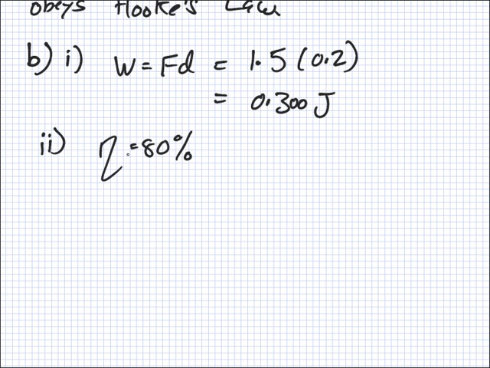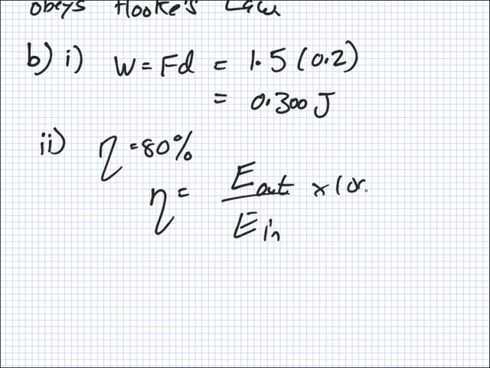My only problem with that sentence is the word initial. There is no initial kinetic energy. I think they meant a different word, like equilibrium, I suspect. Anyways, no matter. So we want to get 80% of this, because you have the formula. Efficiency would be the energy out, which is the kinetic, over the energy in, which is the work done, times 100%.